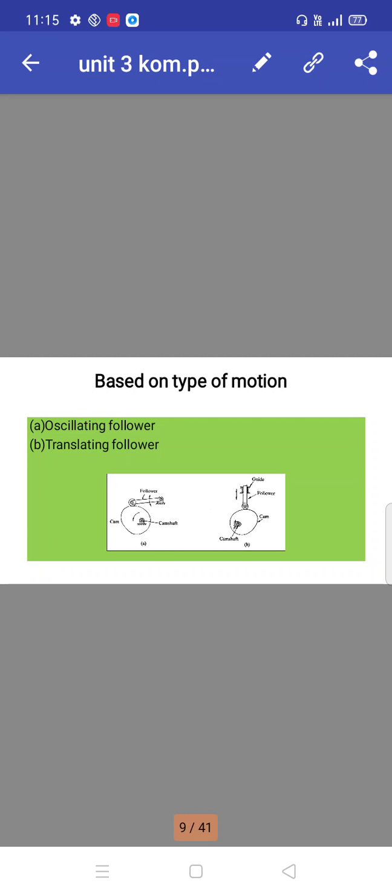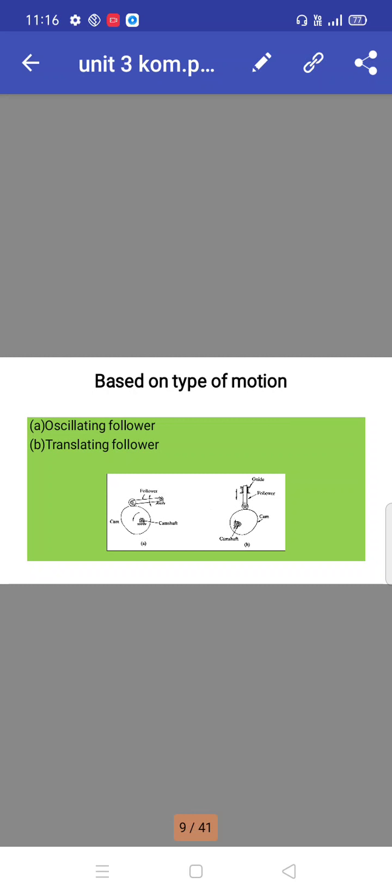Based on motion, there are oscillating followers and translating followers. The name itself specifies it: oscillating means it generates to and fro motion. Oscillation means it attains the same position n number of times, depending upon the usage.